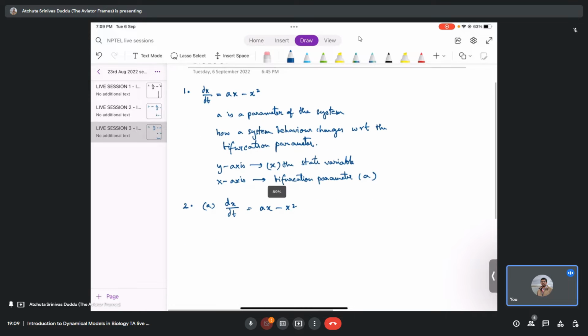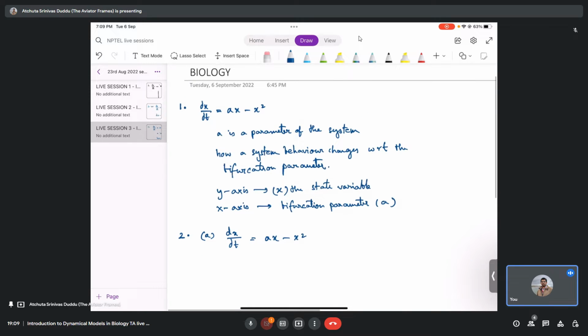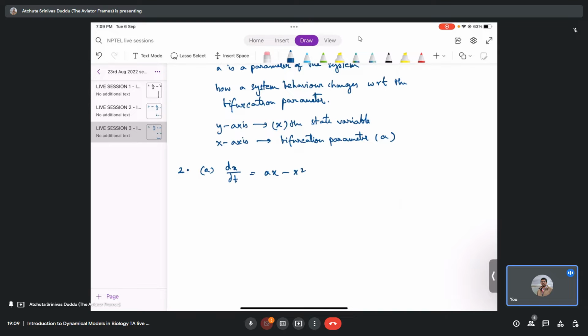What do we require for it to have a bifurcation? That is to say, as we are changing the parameter a, the behavior of the system is changing. So we need to show that for a certain change in the value of a, the behavior of the system changes.